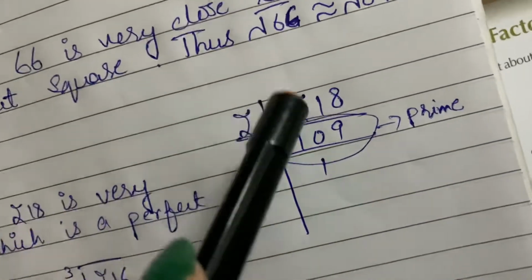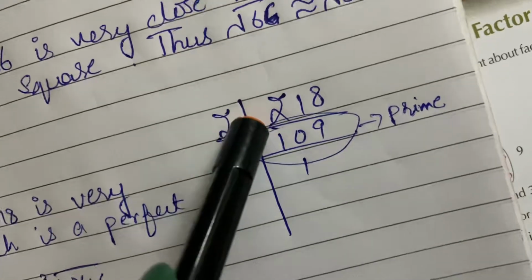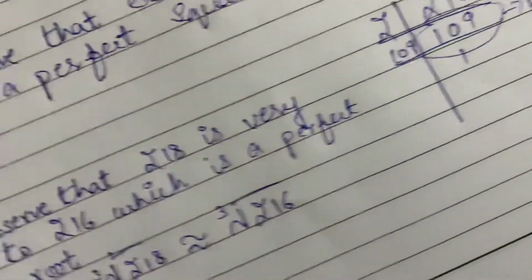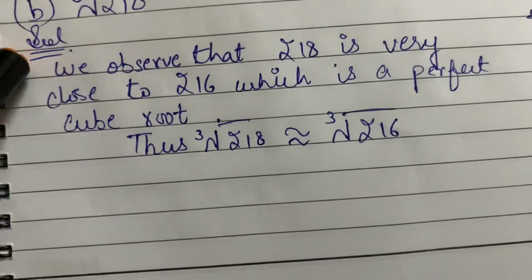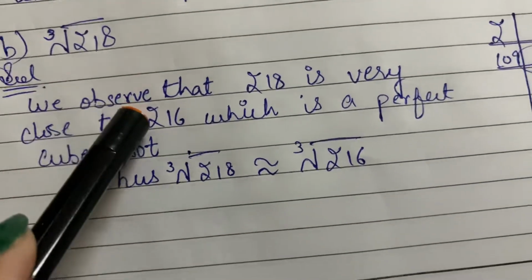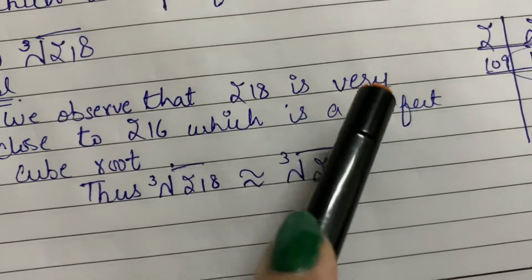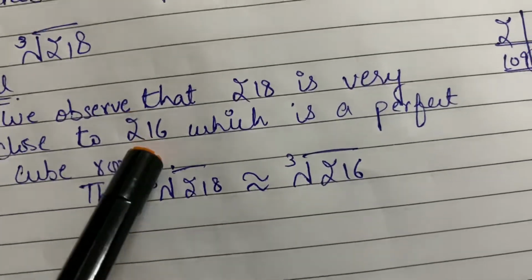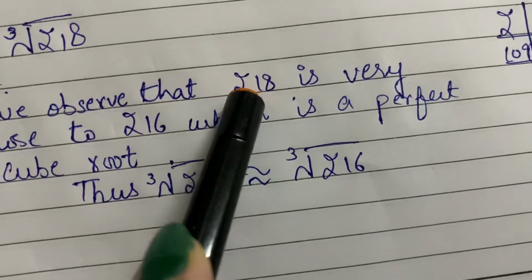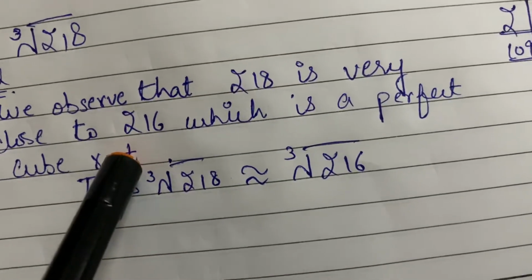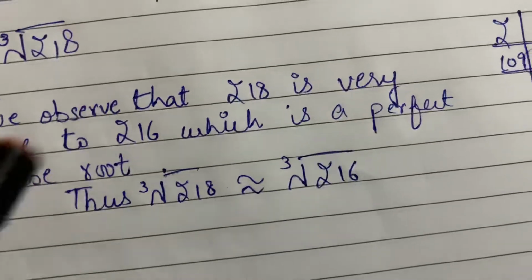So think about a number which is very close to 218 and that can be written as a cube. All right, so come to the solution. We observe that 218 is very close to 216. You can see that 216 is very close to 218, which is a perfect cube.